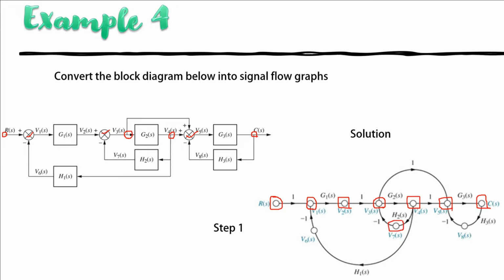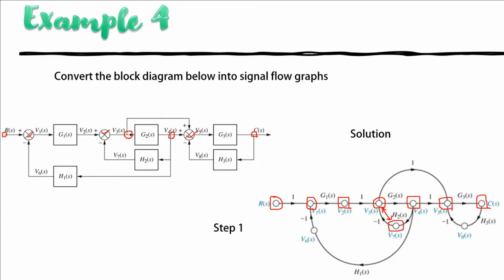This node actually can be combined as 1 node, because HS here is considered as a gain for this line. And of course after this, H2 becomes a negative.